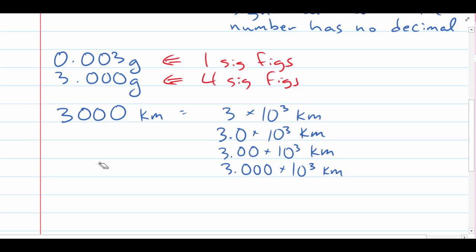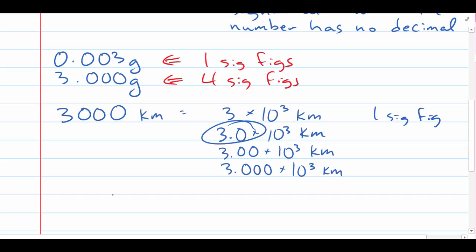Well now, guess what? This number that had no decimal place now has decimal places. And so if we want to talk about significant figures, let's start with the top one. How many significant figures would this measurement have? It would have 1. How many would the second measurement have?